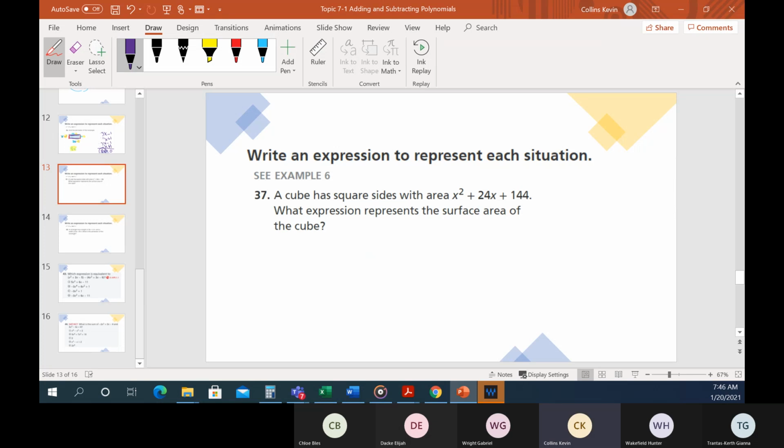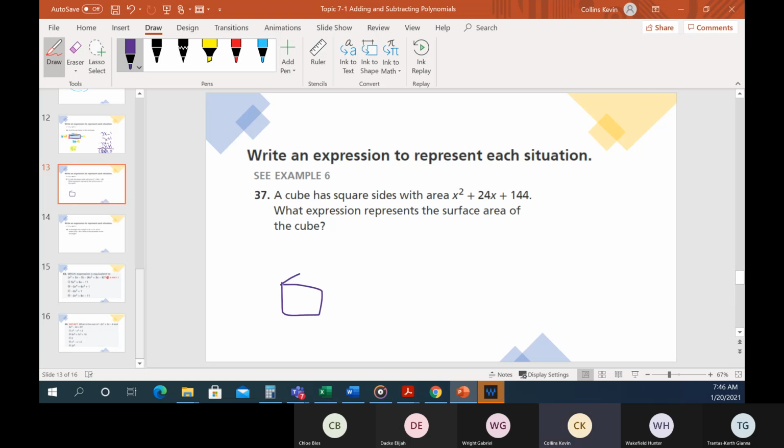All right, so this one says, a cube has square sides with area x squared plus 24x plus 144. It says, what expression represents the surface area of the cube? Okay, so this is kind of a visualization thing. So we've got a cube.